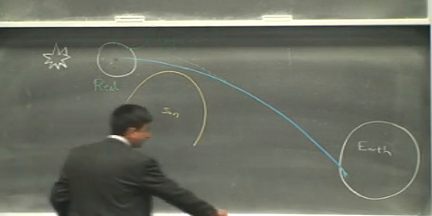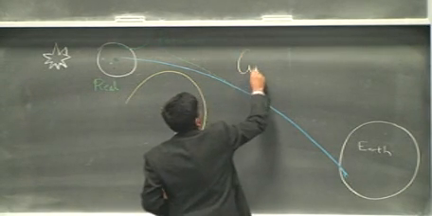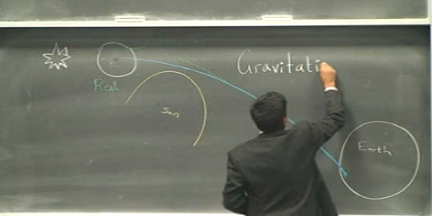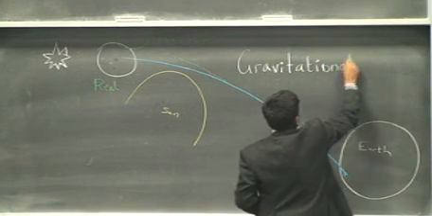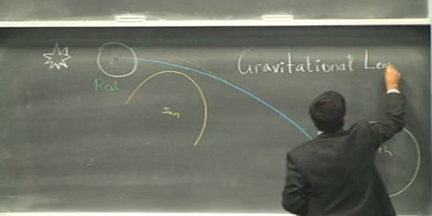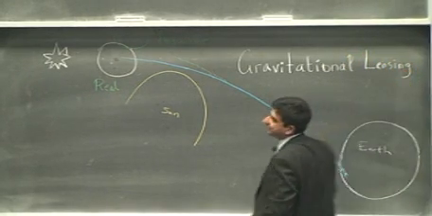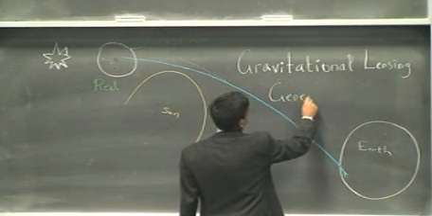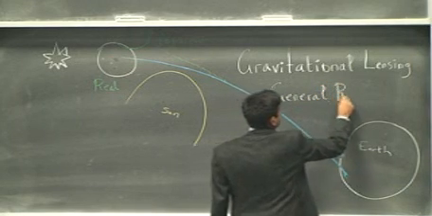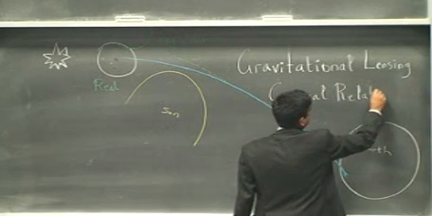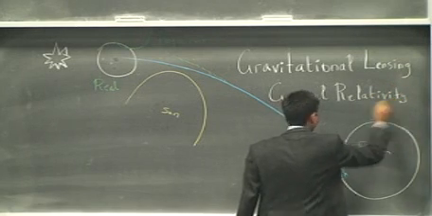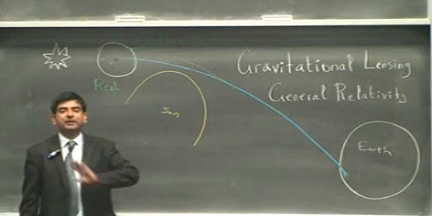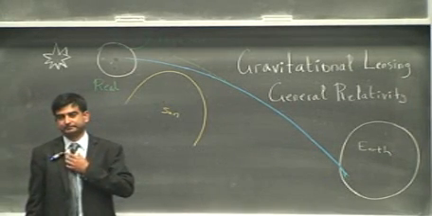This phenomenon is called gravitational lensing. And the entire theory of general relativity deals with phenomena of this kind. So a photon has rest mass 0, but it does have relativistic mass.